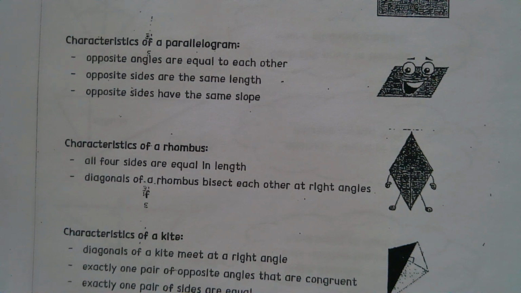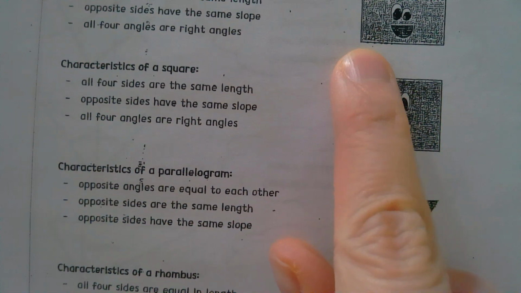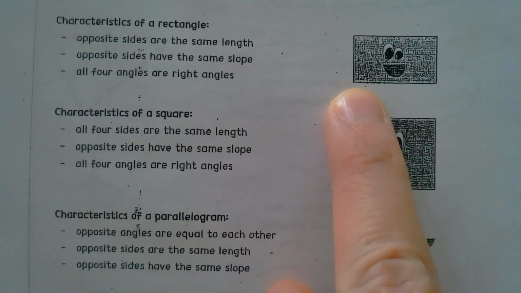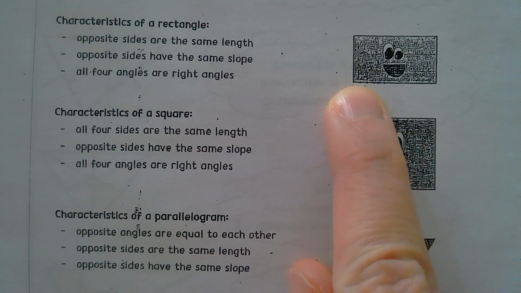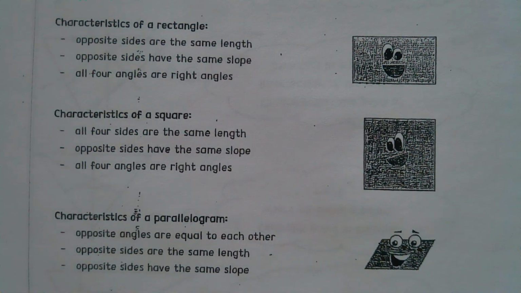We use the slope formula. And what about the 90-degree angle? What do we use to prove that? No, we don't use protractors anymore. No more protractor, no more rulers. The perpendicular slope, right? Negative reciprocal slope.